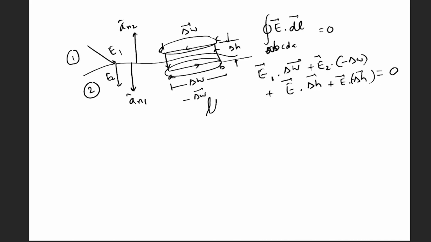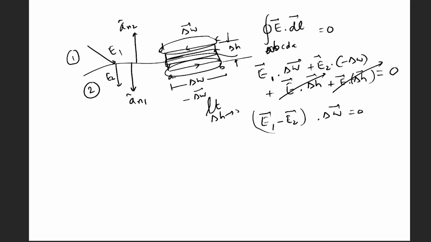Now for the limiting case, when delta H tends to 0, that is, this loop has a very small height, so this delta H will go to 0. So this term is 0 and this term is 0. So the remaining terms give E1 minus E2 dot delta W is equal to 0.